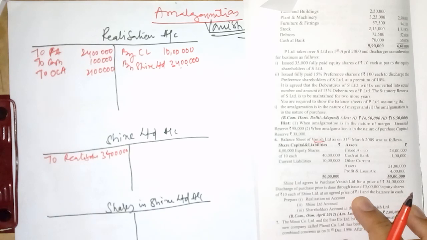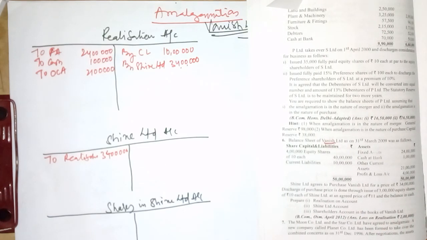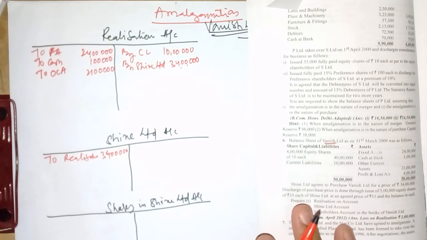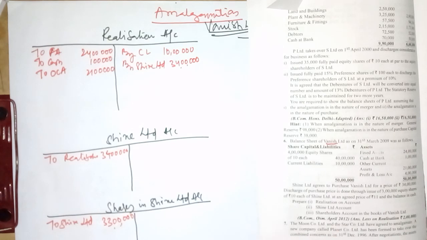Therefore, the entry would be cash account debit, shares in Shine Limited account debit, to Shine Limited. The cash account we are not preparing, so shares in Shine Limited we have prepared. So to Shine Limited, how much? 33 lakhs I am writing, because the 1 lakh cash I am not writing, since we are not preparing the cash account.